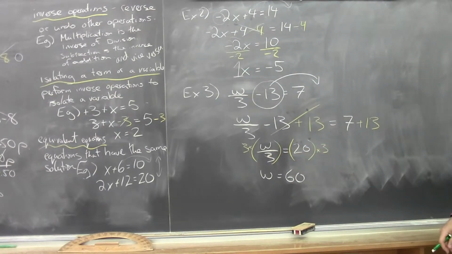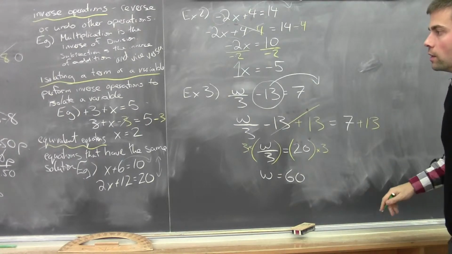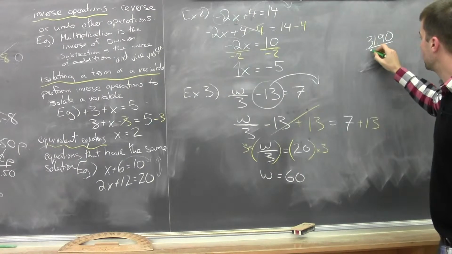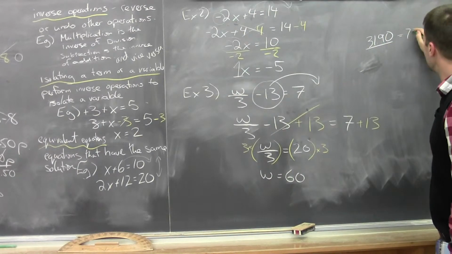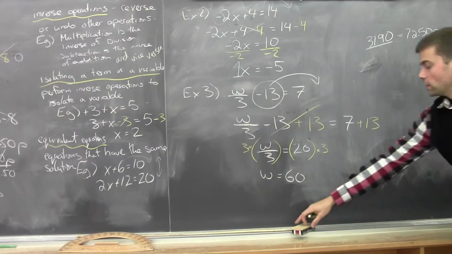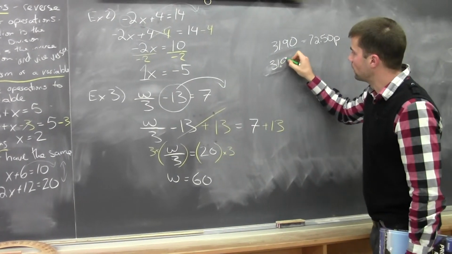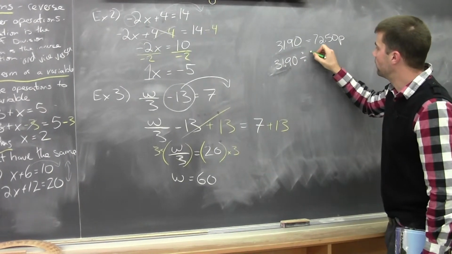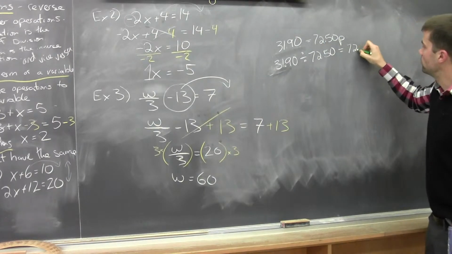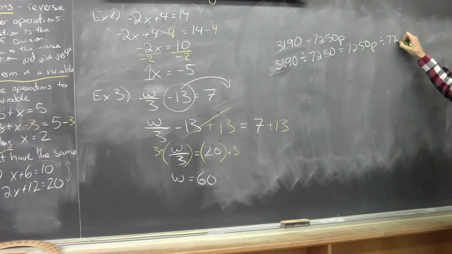Some of you guys are doing it like this. Sorry, when we had 3190 over equals 72.50p. I've seen some of you guys on your tests, you'll do this. 3190 divided by 72.50 is equal to 72.50p divided by 72.50.